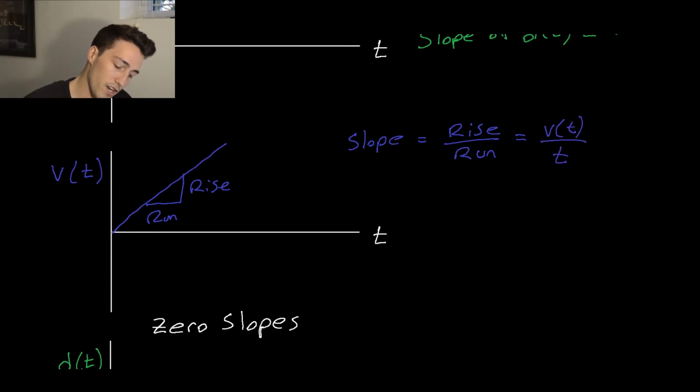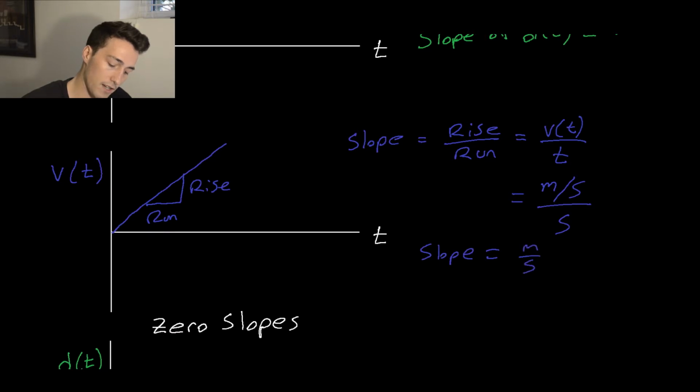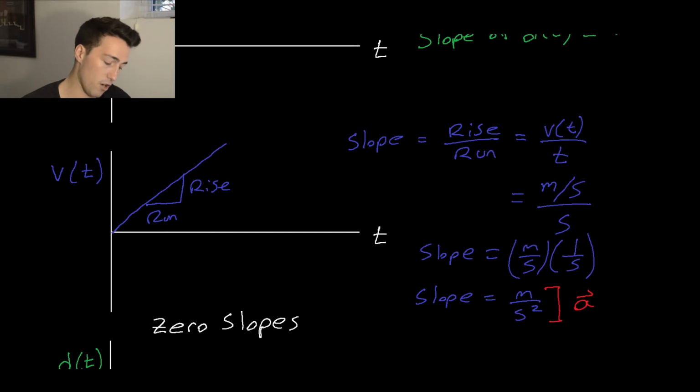Velocity is in meters per second, and that's all over seconds. So we can write slope is equal to meters per second times 1 over seconds, or divided by seconds. That will give us a slope equal to meters per second squared, which are the units for acceleration. So now we know that the slope of a velocity graph is acceleration, and the slope of a displacement graph is velocity.